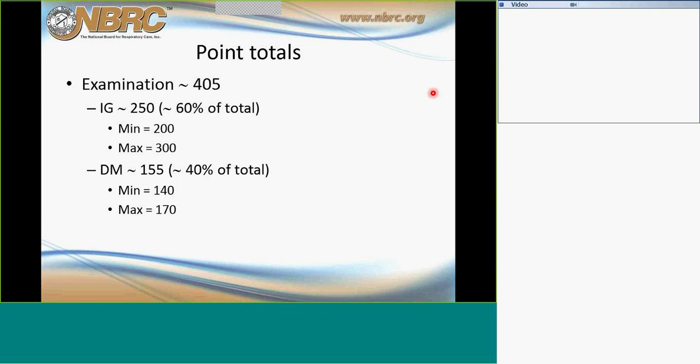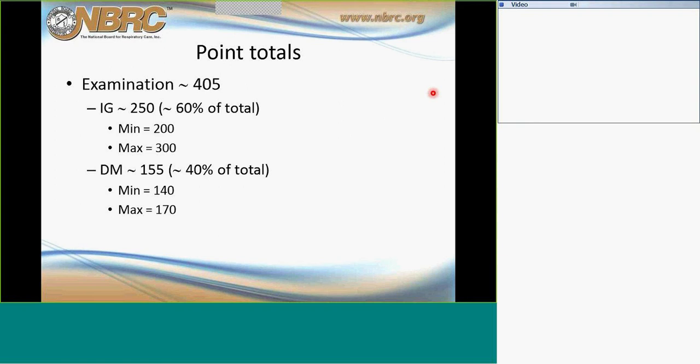These point totals are not controlled across test forms, which is an important thing to understand. And so the cut score should be expected to move around depending on which form an individual takes. So if you're someone who has a group of test takers taking the simulation examination, they're going to be responding to multiple different test forms, and so you should expect to observe that different cut scores will affect the results of those individuals inside that group.